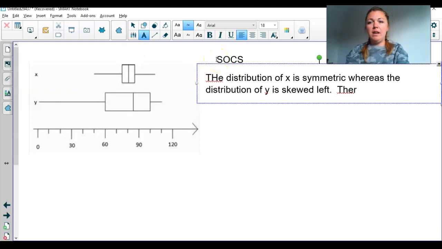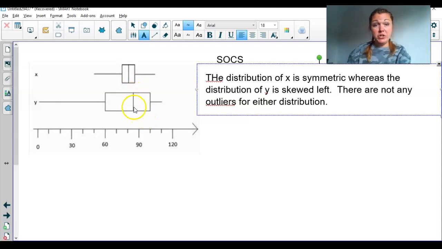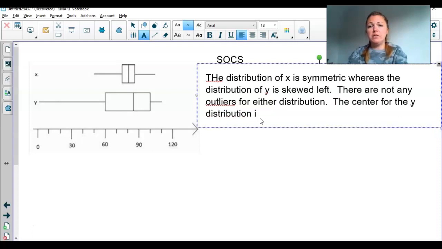There are not any outliers for either distribution. Okay, the center for the Y distribution is greater than the center for the X distribution. We're looking at the medians. We don't have to say what they are. We just have to say that they're greater. So the center for the Y distribution is greater than the center for the X.